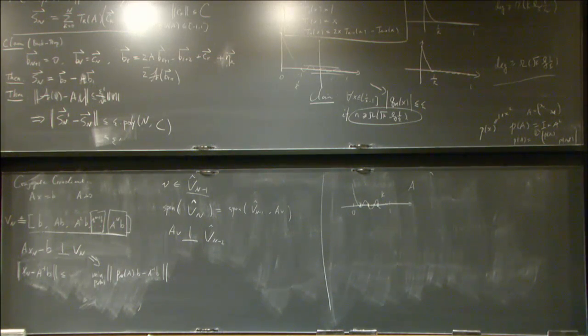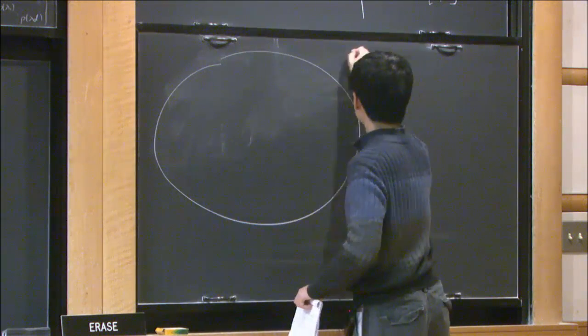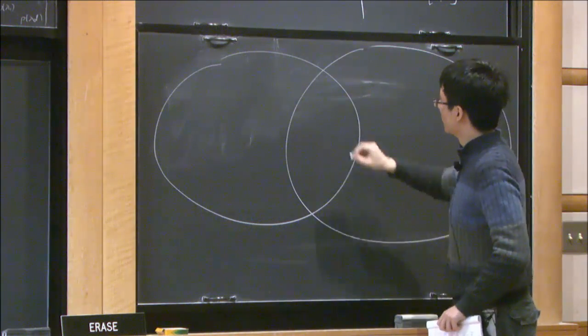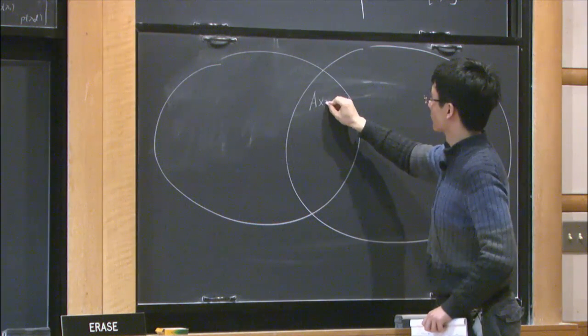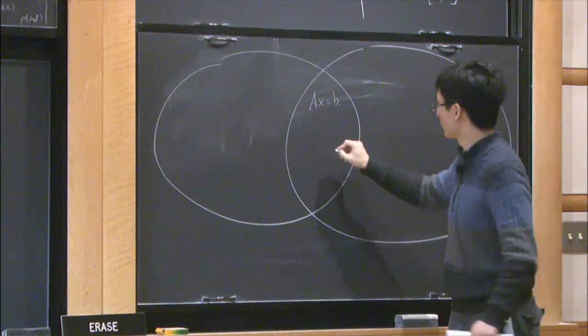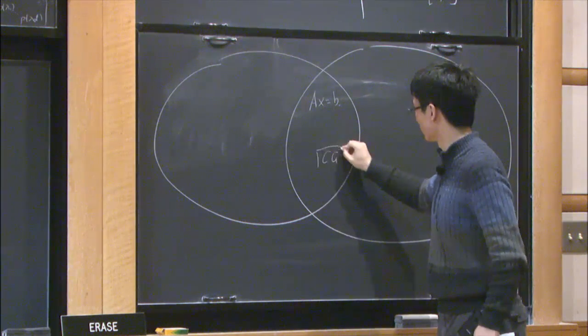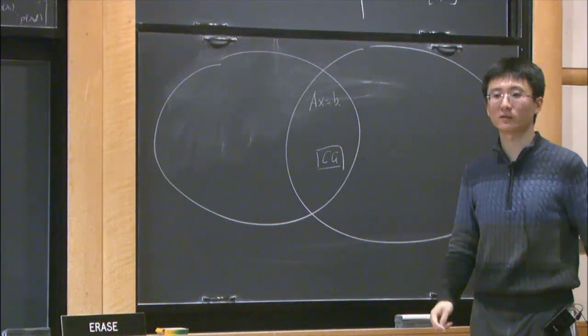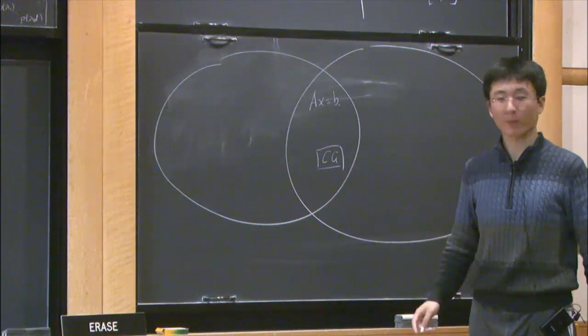So let me draw two circles here. The simplest, canonical example, Ax equals b, sits here, and the conjugate gradient method sits here. It solves this problem, Ax equals b.